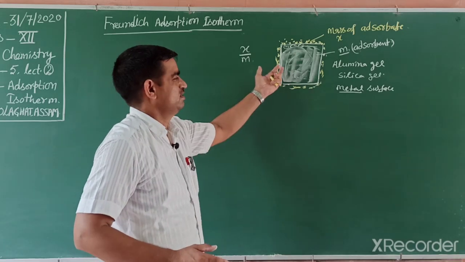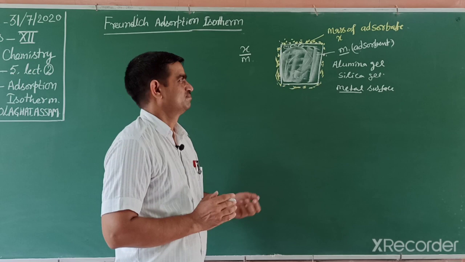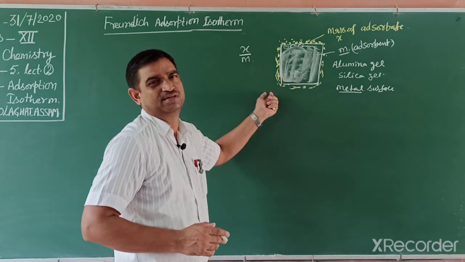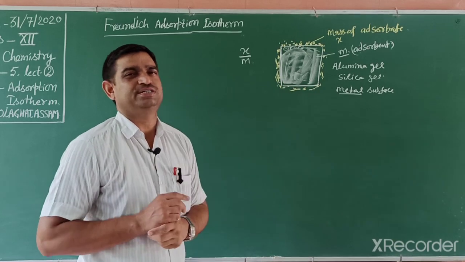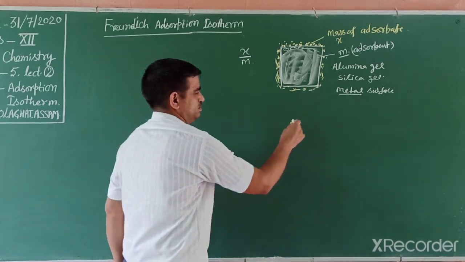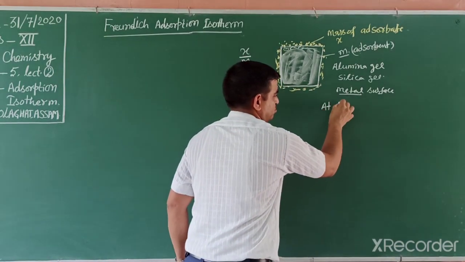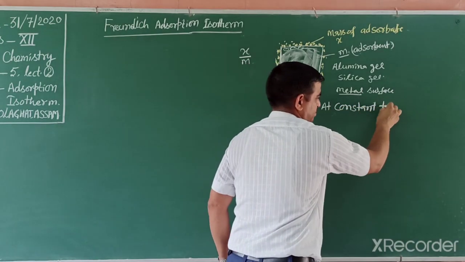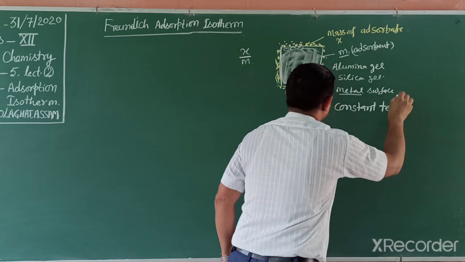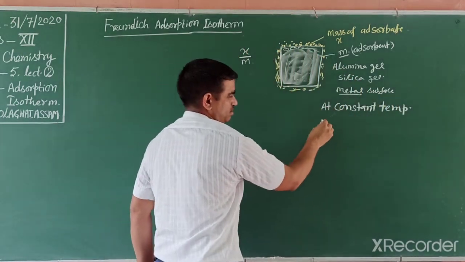So he gave a relationship between pressure and extent of adsorption at a constant temperature. This is known as an isotherm.